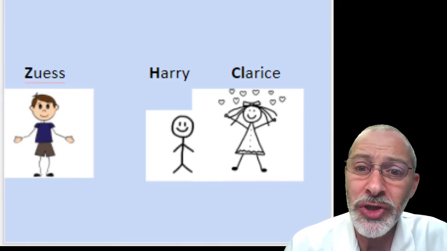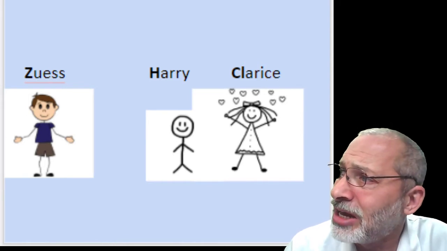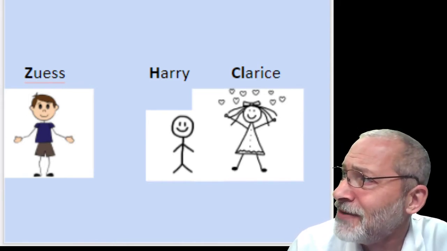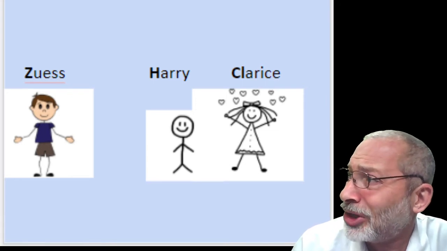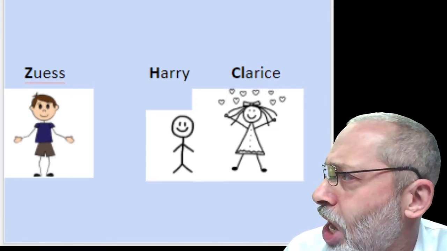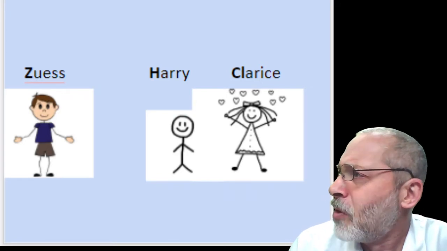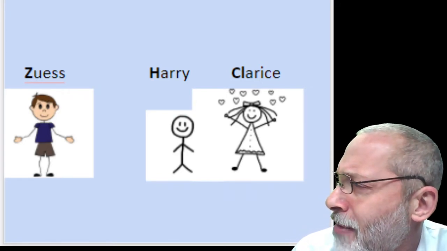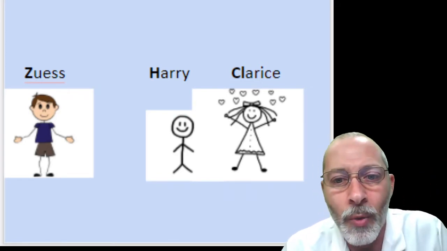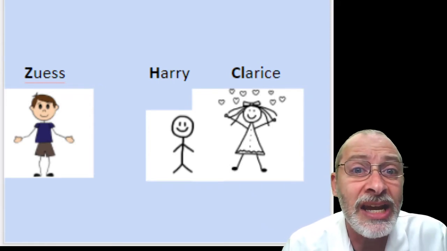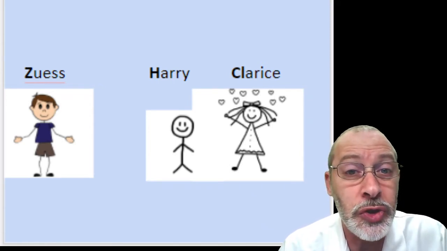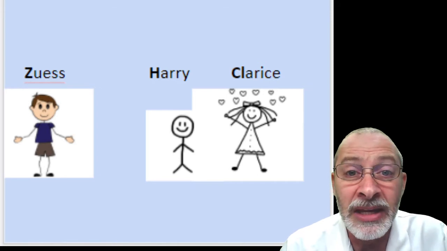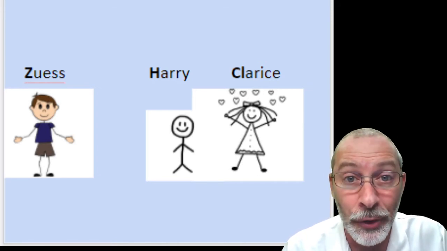And Zeus looks over at Harry and Clarice and says in his mind about Clarice, "Ooh la la, I want Clarice for my own." Now, what's the only thing standing in the way between Zeus and Clarice if Zeus wants to get together with Clarice?